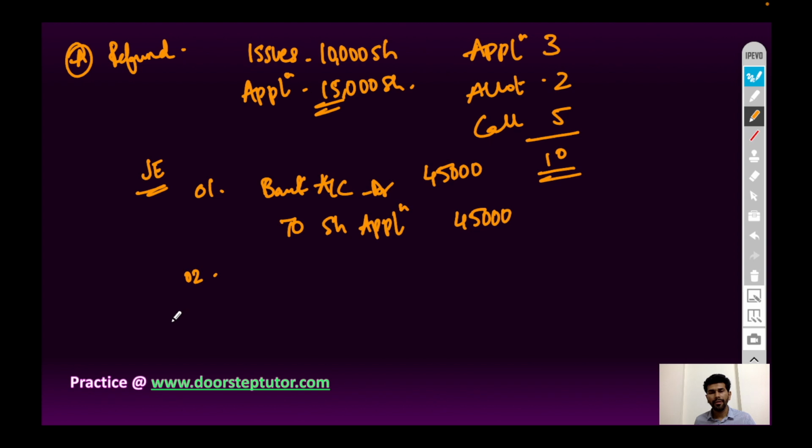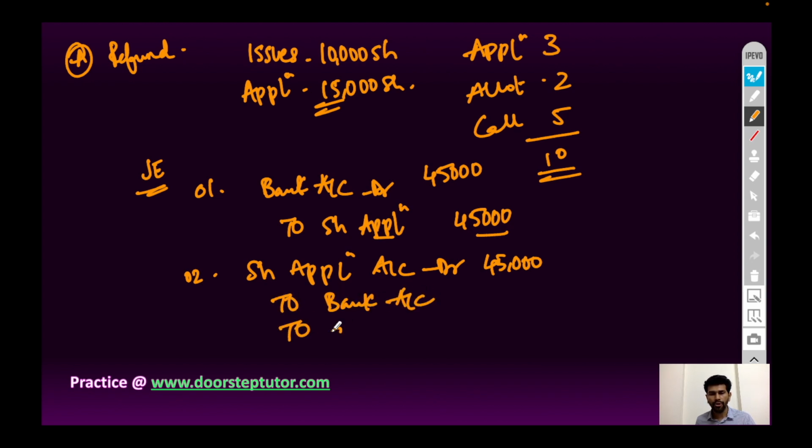And if the money is refunded, the excessive money on 5,000 shares is refunded, then the journal entry will be share application account debit 45,000 rupees to bank account and to share capital account.